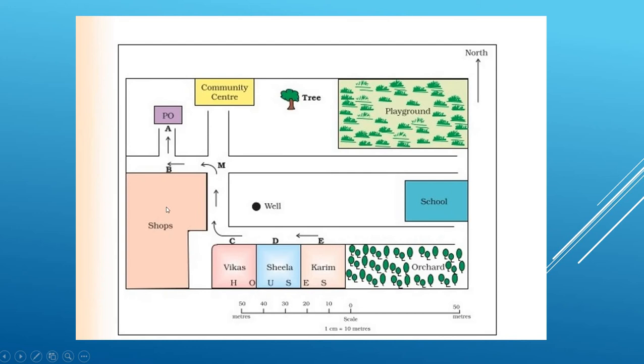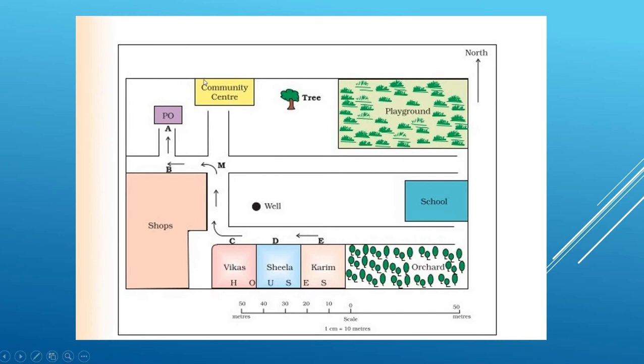So as you can see, this is the map of a village. Here is an orchard, this is the house of Karim, house of Sheila, house of Vikas, some shops, this is the post office, this is community center, a tree here and a playground here, a well here and a school here.